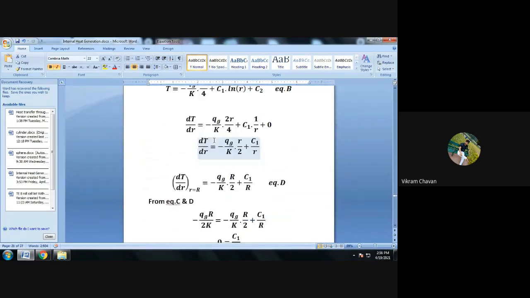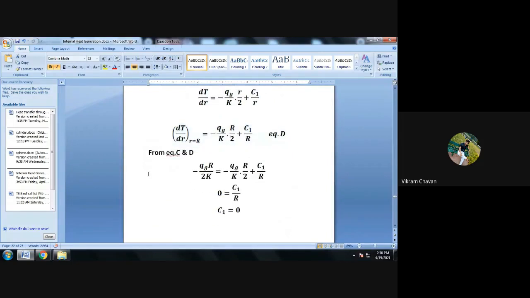So we are equating these two equations, C and D. From equation C we will get dT divided by dr when small r is equal to capital R as minus qg multiplied by R divided by 2k.